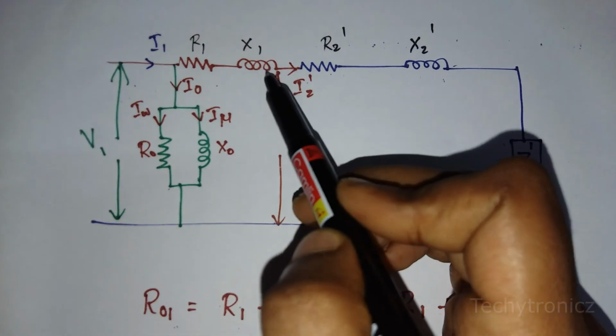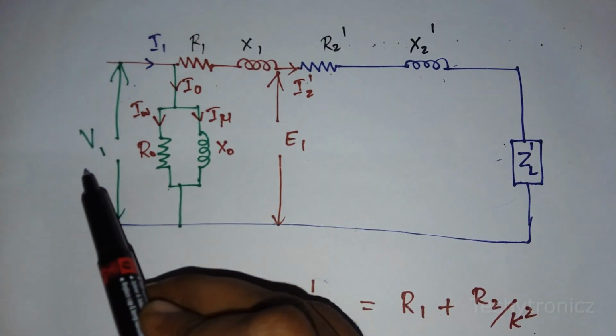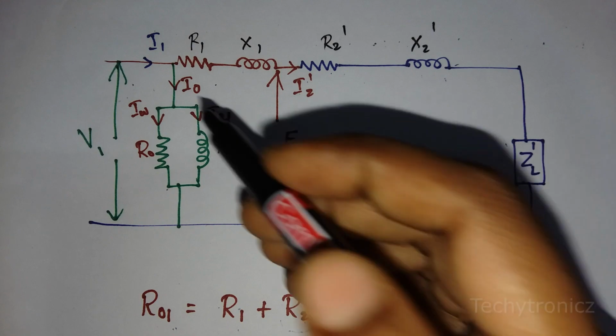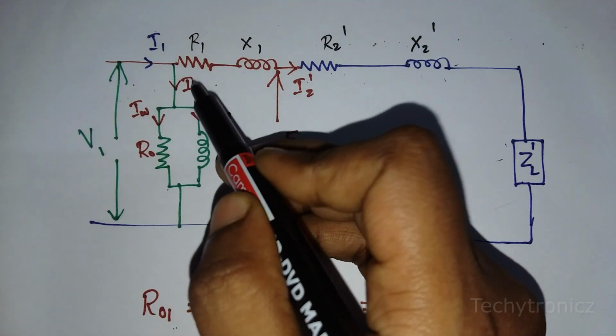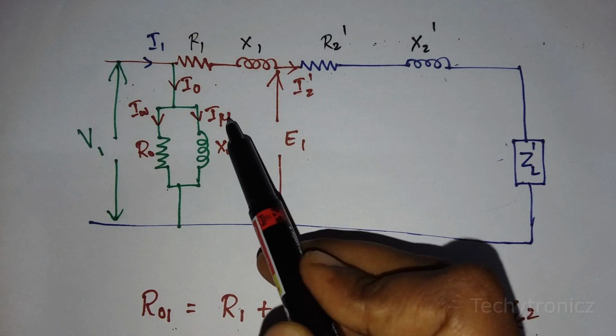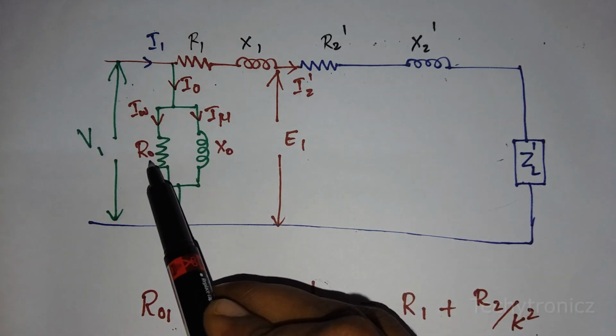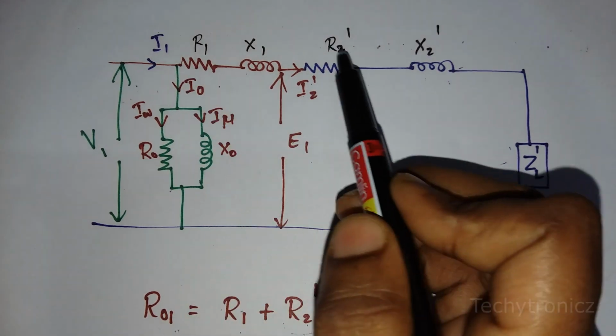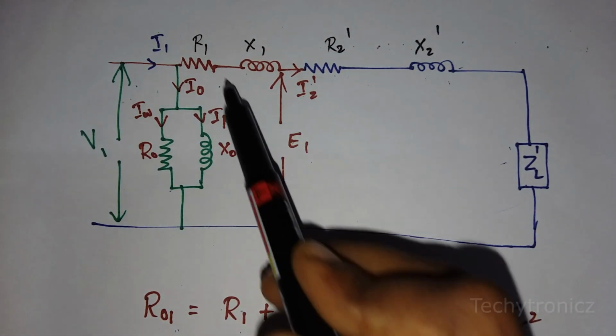These are the resistance and reactance on the primary side. The supply voltage is V1 and the induced EMF is E1, right? For the no load condition, I0 has two components, IW and I mu, for resistance R0 and X0. Here I have connected both primary and secondary together.